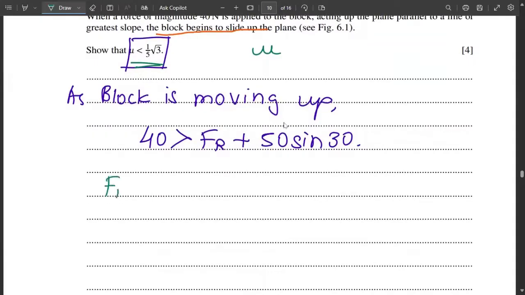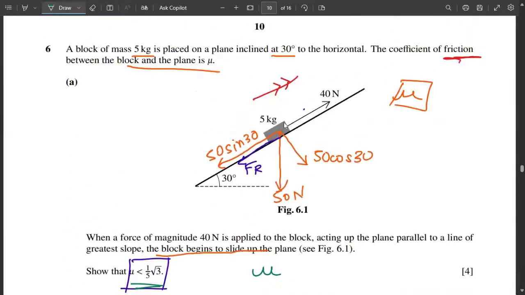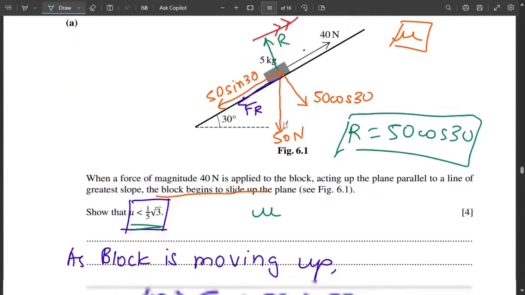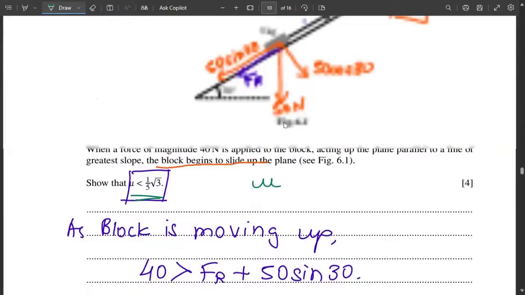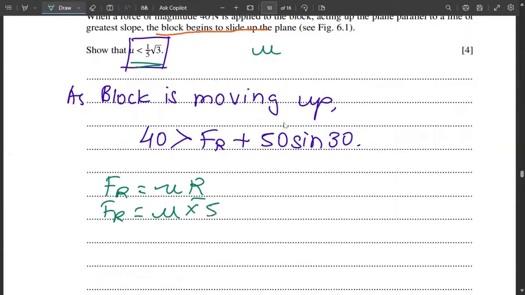So what can we do? We know Fr equals mu R. And we can find R very easily. R is the contact force, which is this one. R is nothing but 50 cos 30 because there are no other external forces, so both equal each other. So Fr equals mu into 50 cos 30.